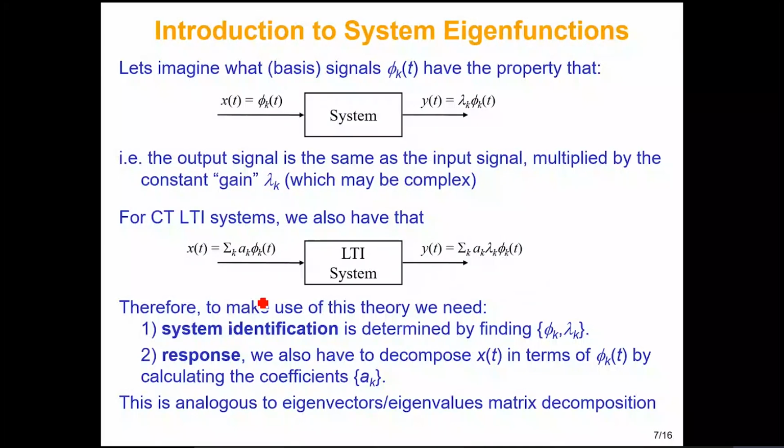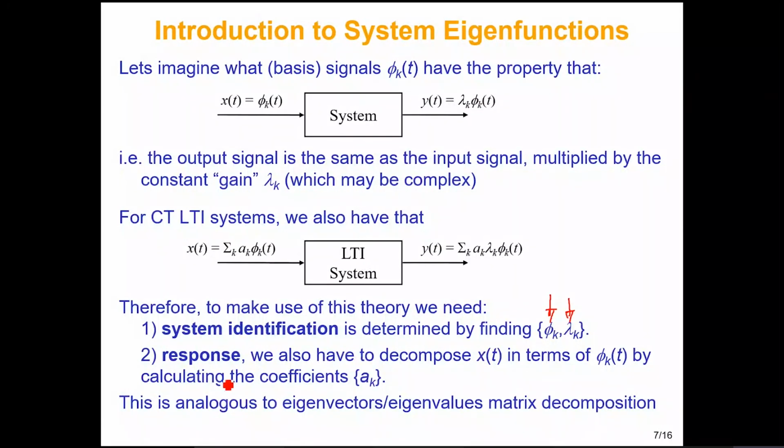So the same thing is written here also, that eigenfunction given as an input gives you the same eigenfunction into its eigenvalue. And the main use of the theory would be if we can find out the eigenfunctions and their corresponding eigenvalues.